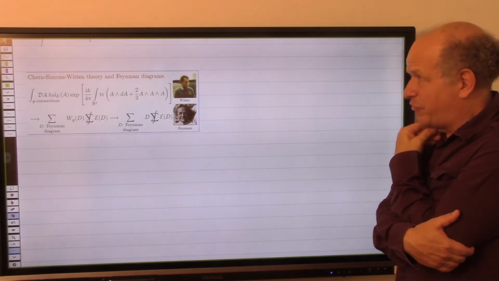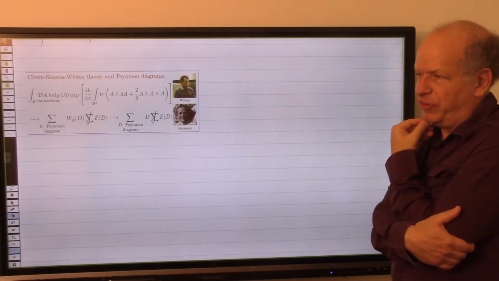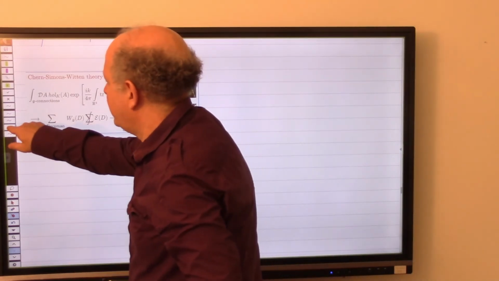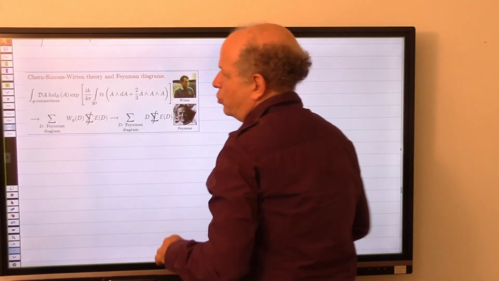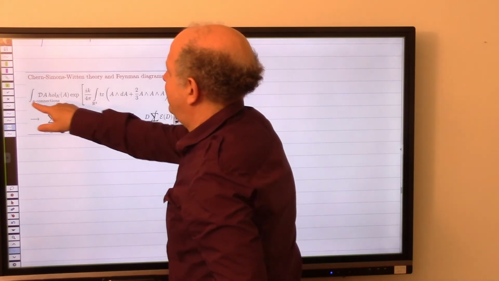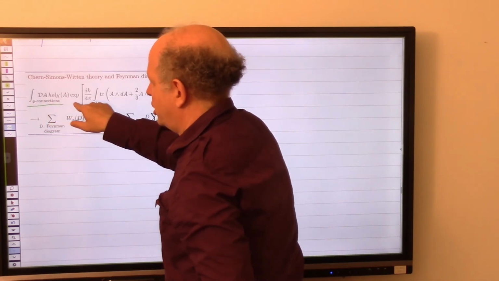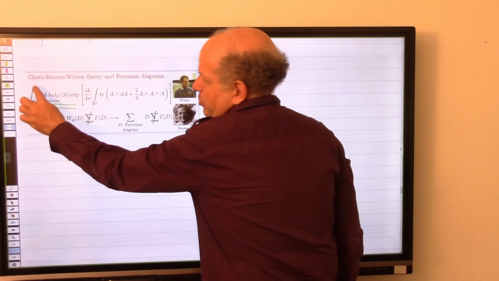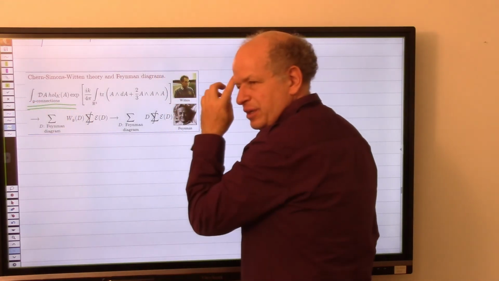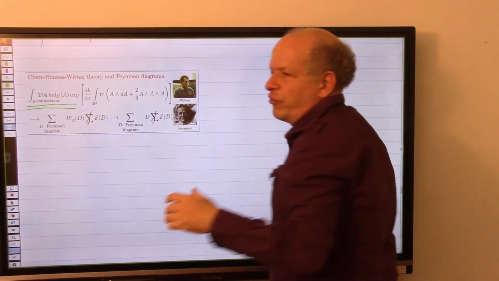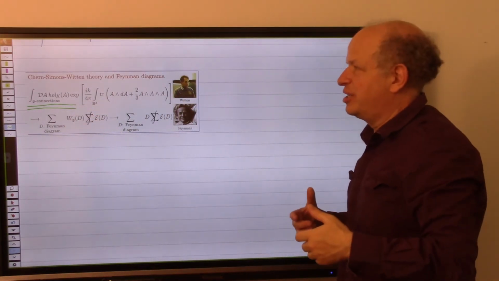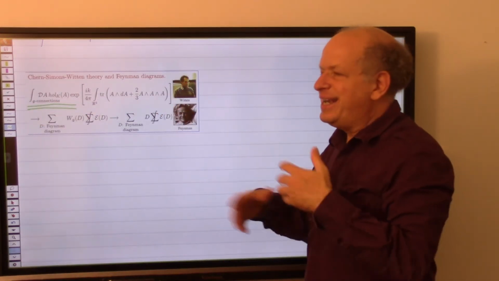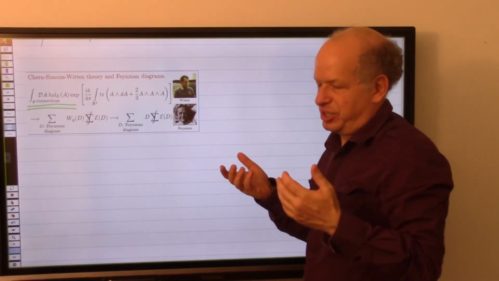The very, very vague relation with quantum field theory is as follows. In quantum field theory, one wants to compute certain infinite dimensional integrals. So this integral here, the outer integral, is an integral over an infinite dimensional space. It's an integral over the space of all Lie algebra valued 1 forms.